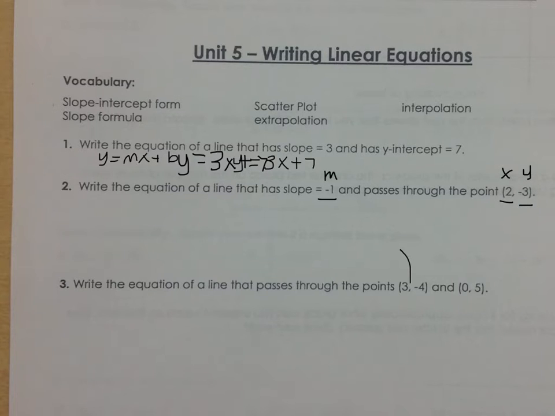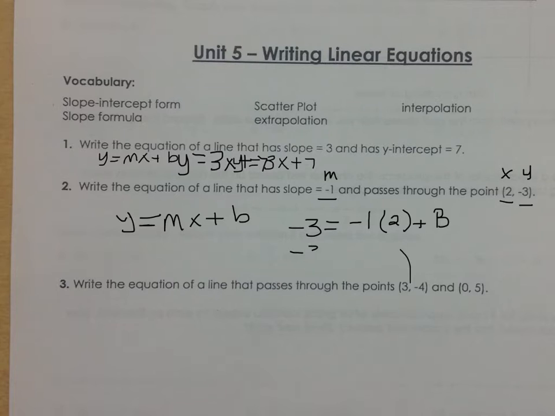So we're going to plug it into the equation y equals mx plus b. So y is -3, so I get -3 equals my slope, -1, times my x, plus b, which we don't know what that is. We need to find the y-intercept.